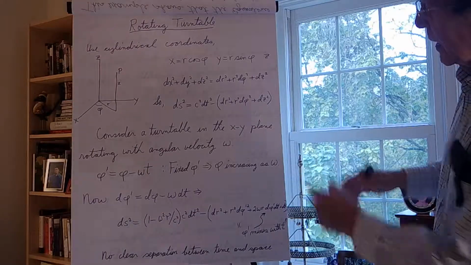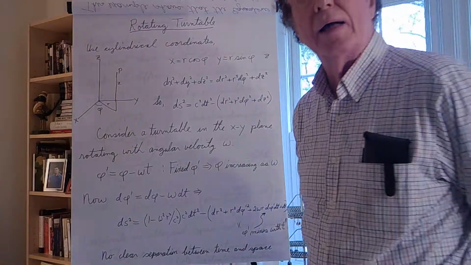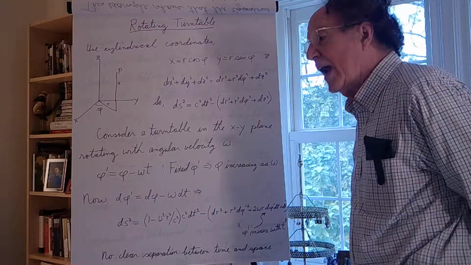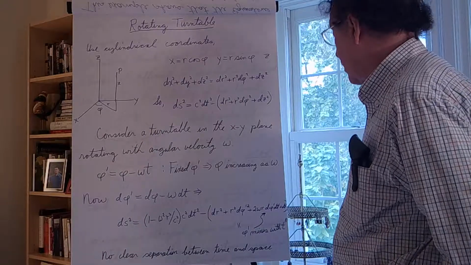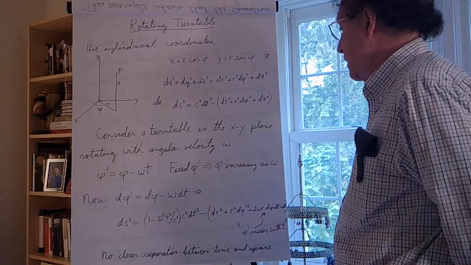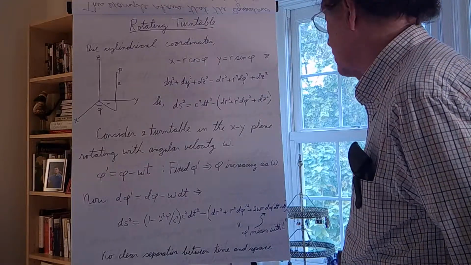But look, I can remedy that. Let's say I want to write my metric just in terms of squares of time or space. I can do that because this is just a problem in completing the square of a quadratic.